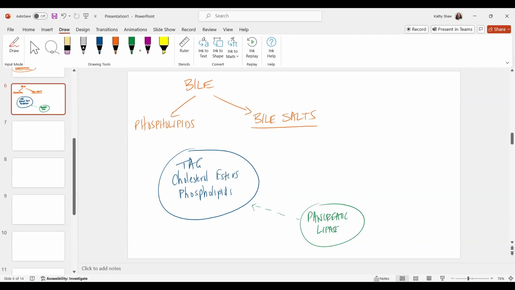We're going to have the fat globule go to smaller globules, smaller blobs, and smaller and smaller. So the first molecule we're going to talk about working on it is going to be a phospholipid. That color didn't work very well. I'll have a green phospholipid.